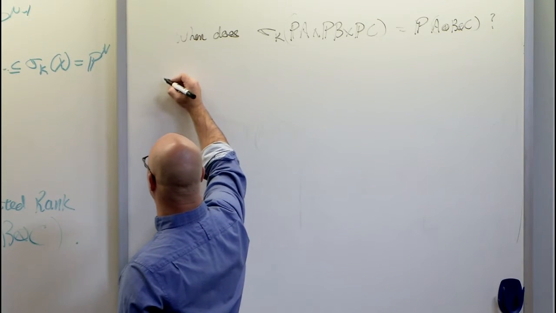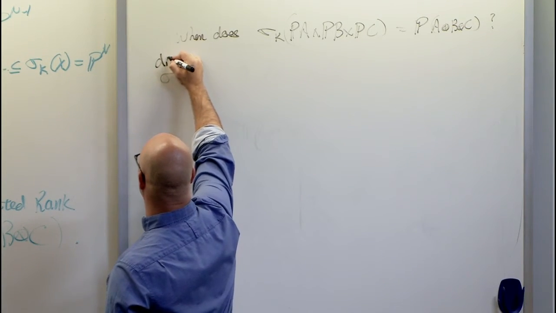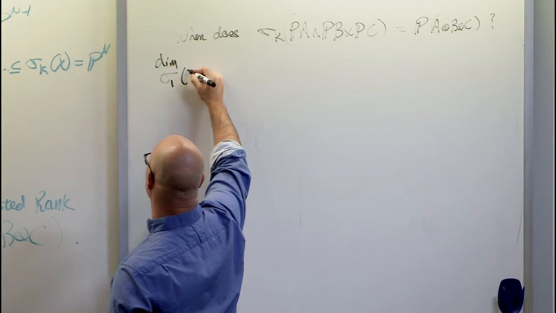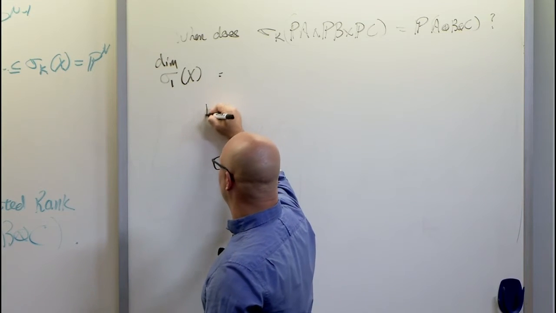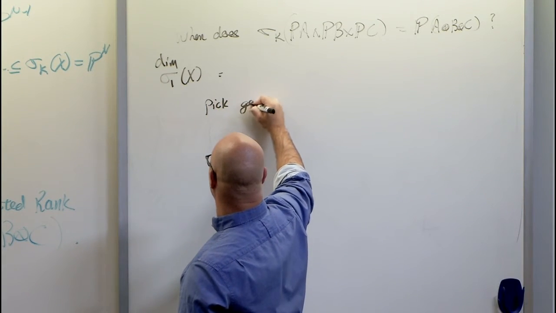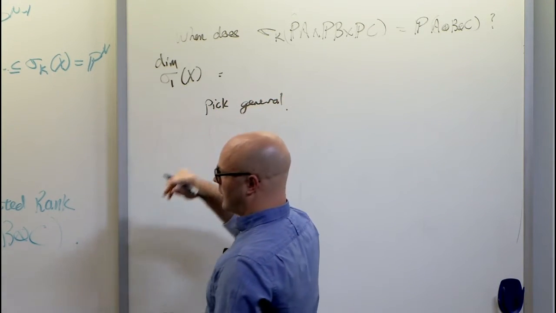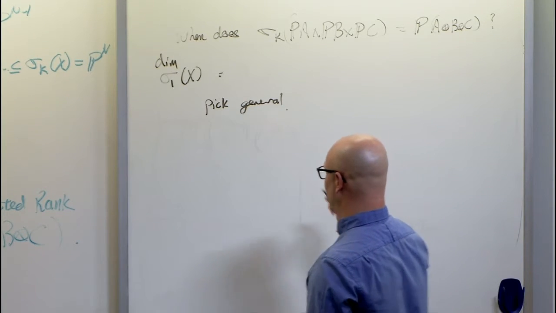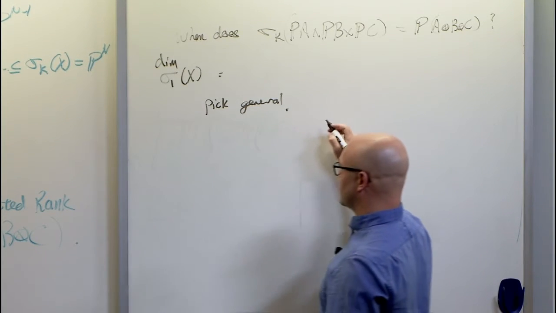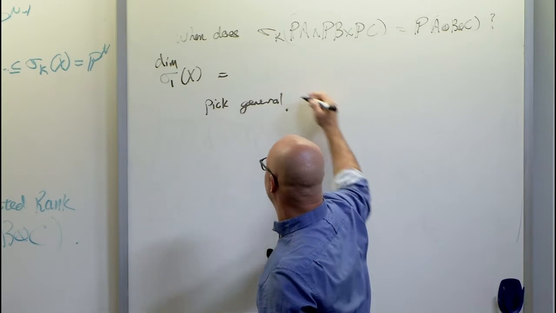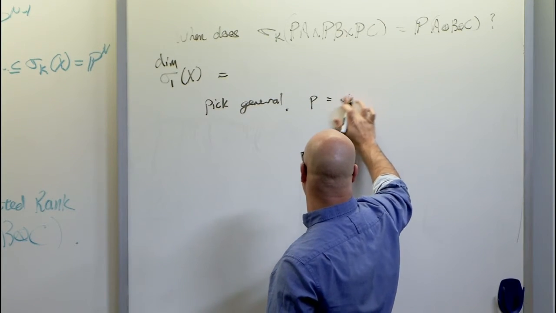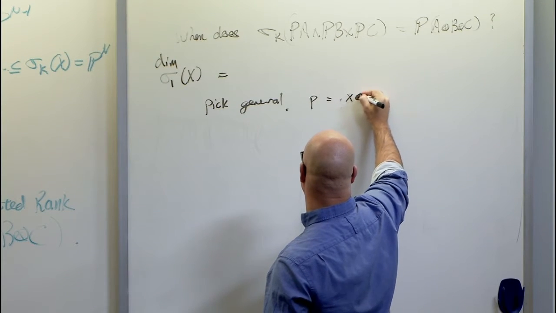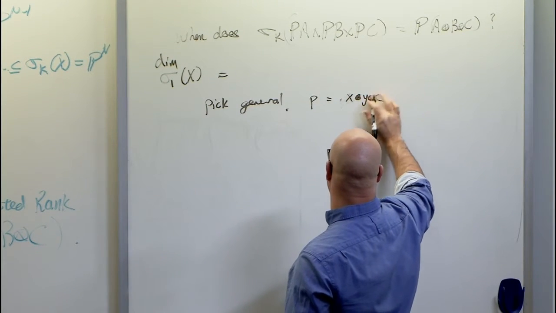So first, let's compute the dimension of sigma 1 of X, which is just this Segre. The Segre variety is homogeneous, so every point on it is general. Pick a general point P, which is going to be, for our purposes, x tensor y tensor z.